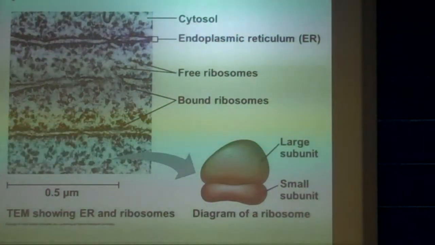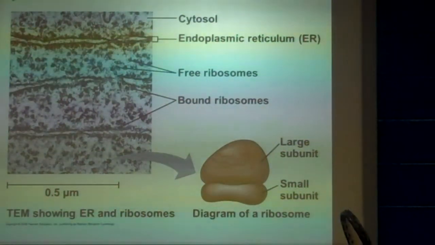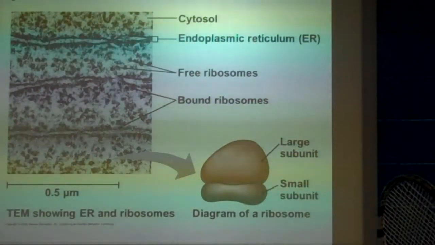Those proteins need to be within the endomembrane system, so they go from the ER to the Golgi to vesicles to merge with the plasma membrane. Free ribosomes that don't attach to the ER make proteins that are used within the cell.